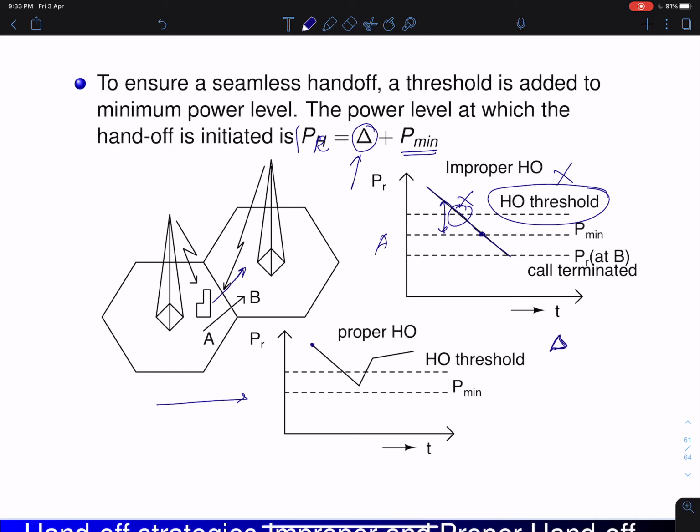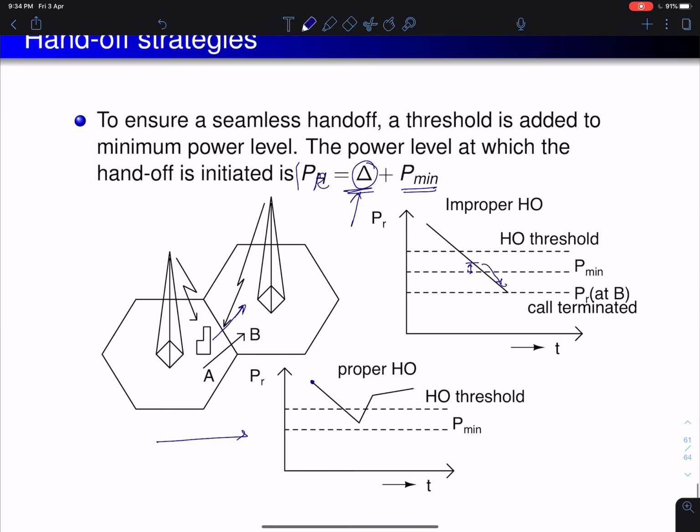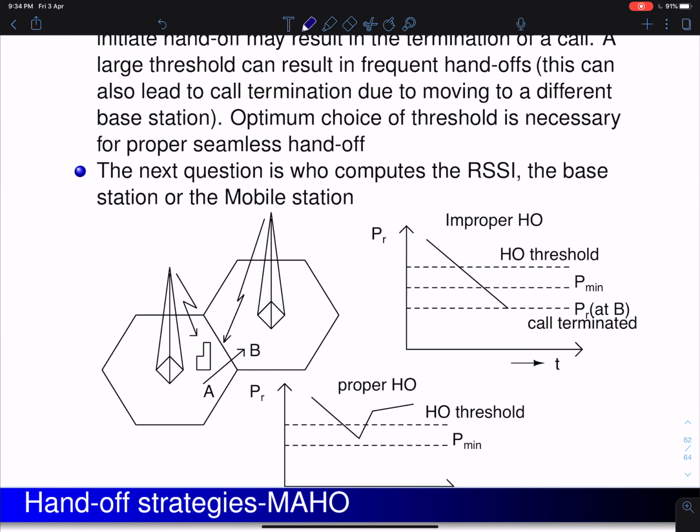Or if your threshold is too small, which means you are very, very close to the minimum power level, then by the time the handoff is initiated and by the time you make a change, your signal power would have decayed significantly and the call might be terminated as well. So choosing the handoff threshold is actually very important. That's what I've explained here.